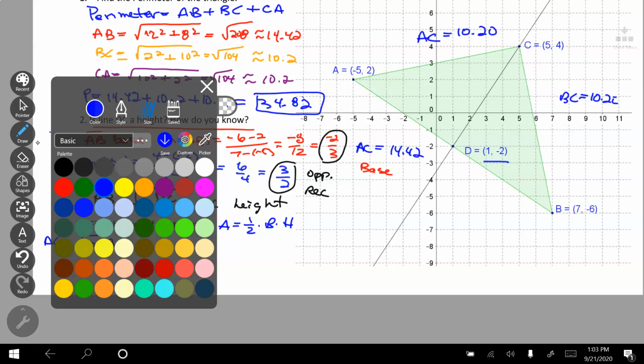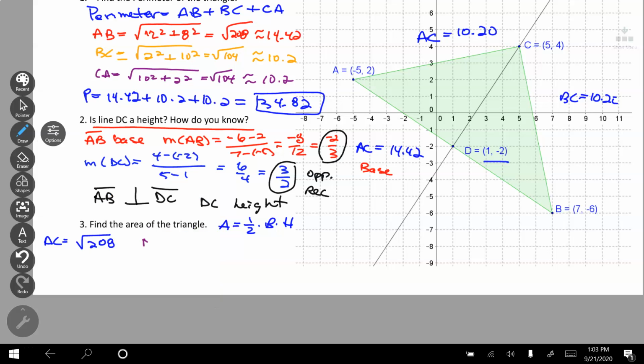So now I have to figure out the height DC. Well, let's see. The change in x is 4 squared, plus the change in y is 6 squared. I get square root of 52, and that's the height.